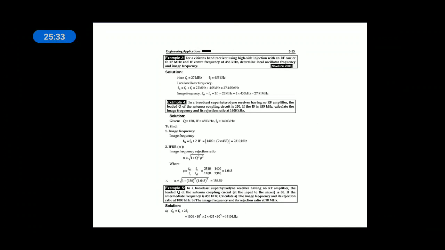We will go to the next problem. Example number 4. In a broadcast superheterodyne receiver having no RF amplifier, the loaded Q of the antenna coupling circuit is 150. If the IF is 455 kHz, calculate the image frequency and its rejection ratio.